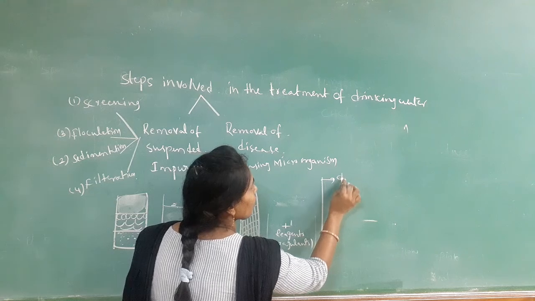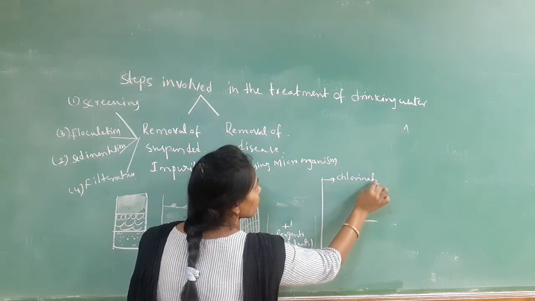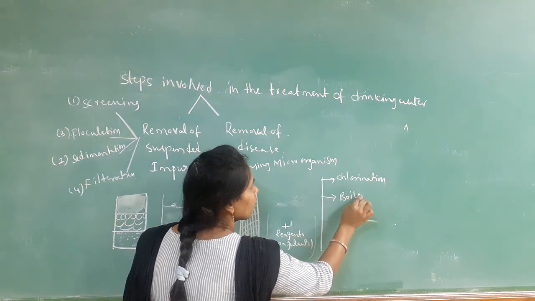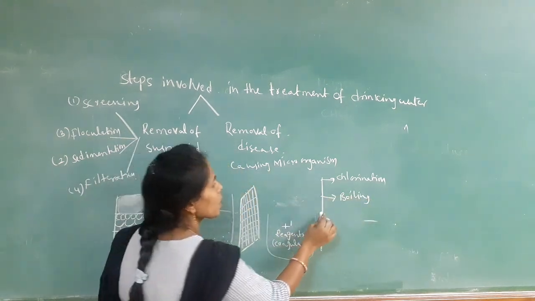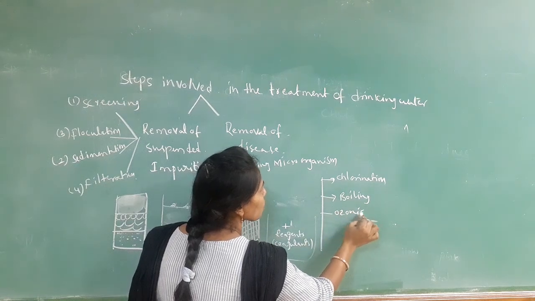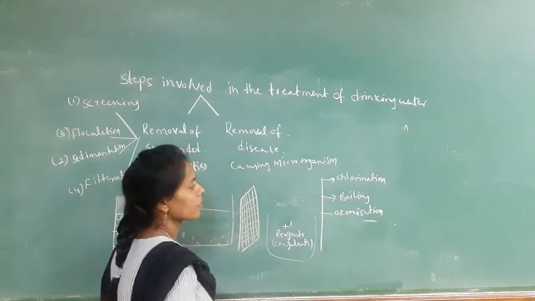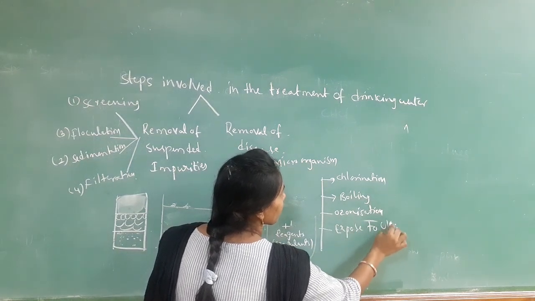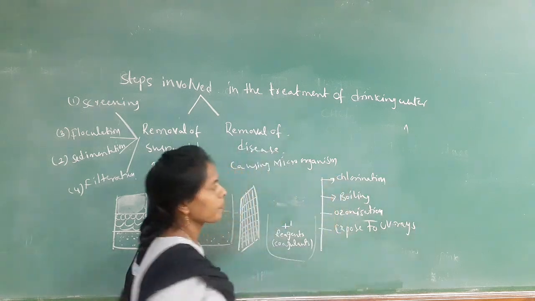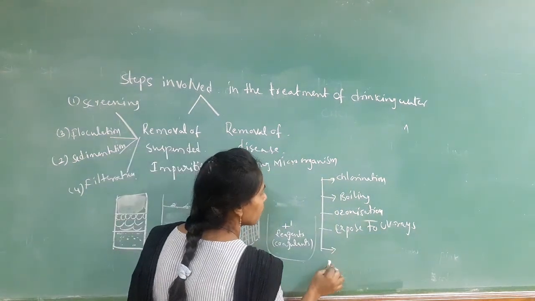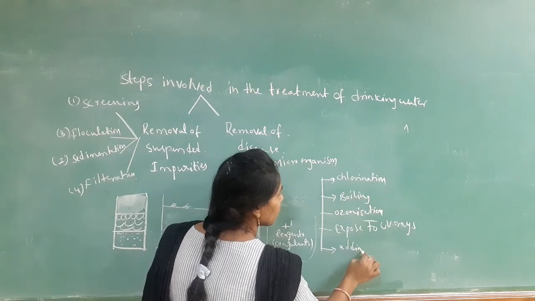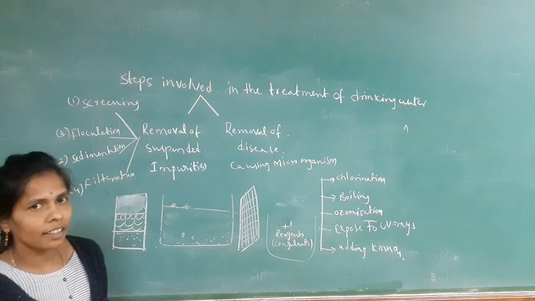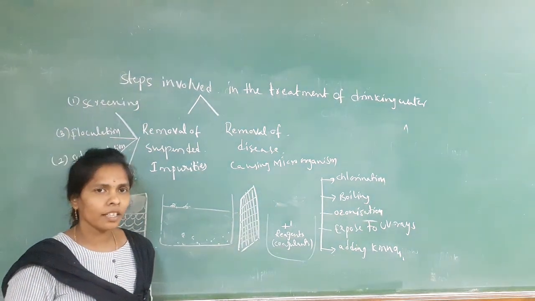One is chlorination, the boiling method, next ozonation, that is ozonization, the next one is exposure to UV rays, and the last one is adding potassium permanganate. So these are the various techniques to remove the disease causing microorganisms.